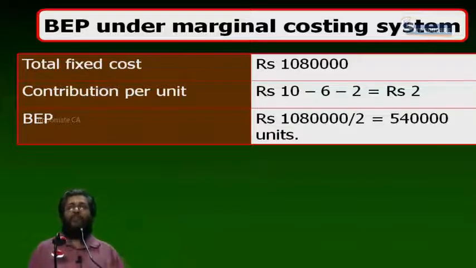Continue same point. To conclude, from this I dictated two issues or not. Tell me what you are going to conclude. Absorption costing is always 14,000 more than what? Marginal costing.